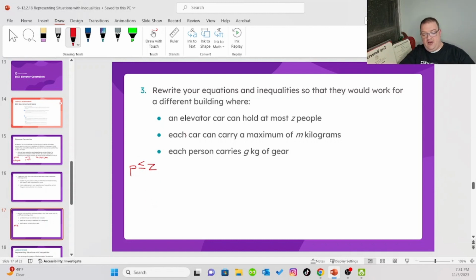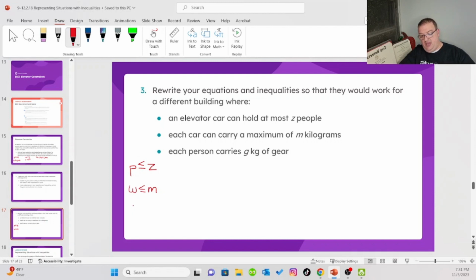Each car can carry a maximum of M kilograms. So we said that weight had to be less than or equal to 1,500. Now we're going to say weight must be less than or equal to M. And we said each person carries G kilograms of gear.